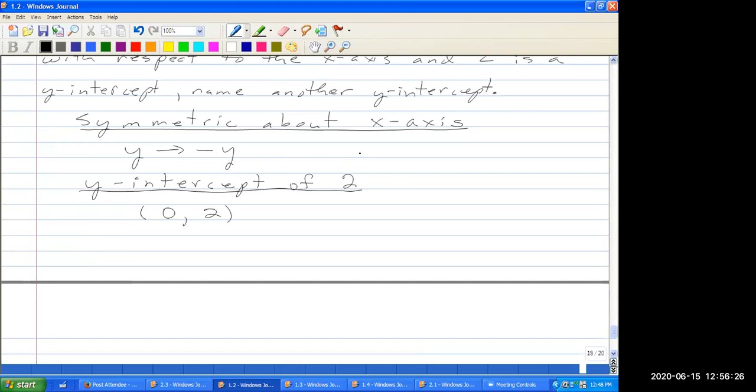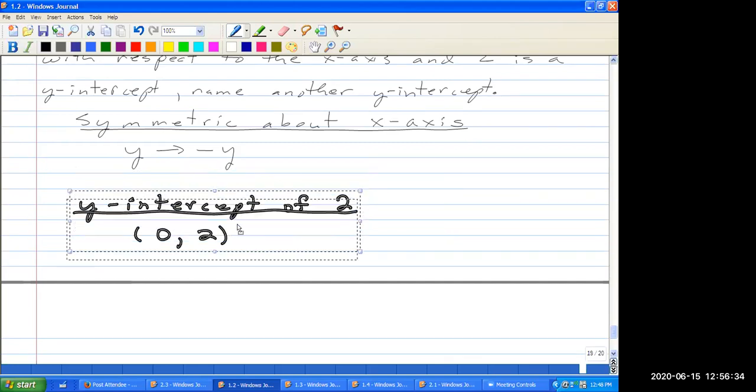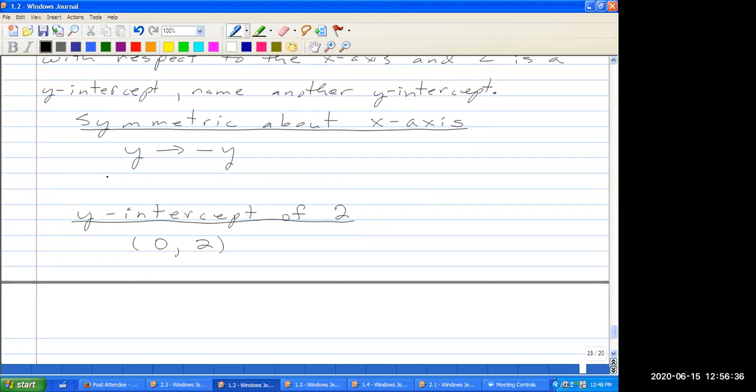Okay. So maybe I should, here, let me actually move this down for 1 second. So this really said that if I had (x, y) as a point in the relation, then (x, negative y) also satisfies the relation.